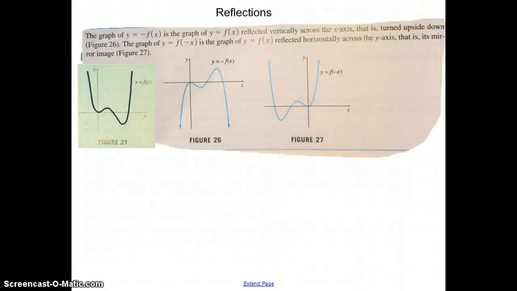Next type of transformation is reflections. All right, so again, we're starting with a parent function, whatever it is. Let's go with the x to the fourth again here. When you have your parent function, f of x, whatever it is, and you put a negative out in front of that, you got to think of f of x as your y value.